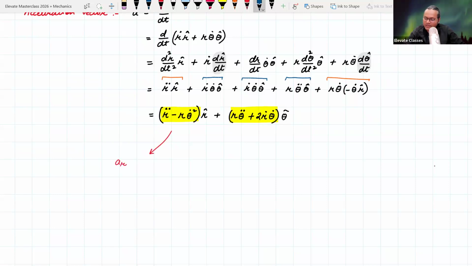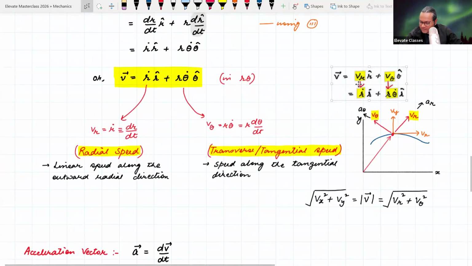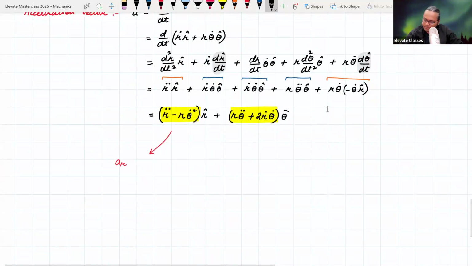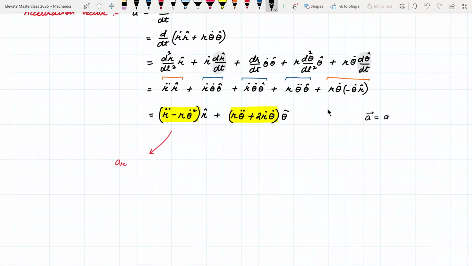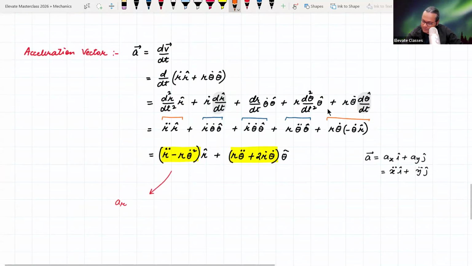And if we write it in detail, this is AR. So usually क्या होता है? Acceleration में हम क्या लेते हैं? Acceleration में we say that acceleration A is equal to, you know, AX i cap plus AY j cap, which is basically x double dot i cap plus y double dot j cap. Okay, this is in XY coordinates.